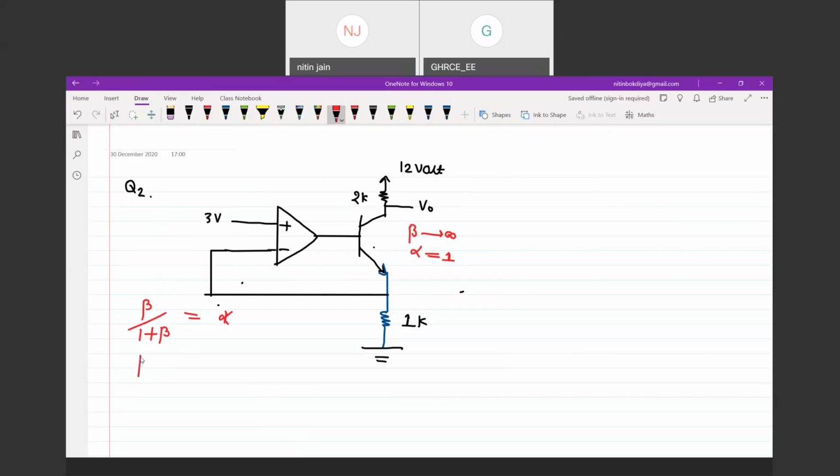So when beta is approaching infinity, the value of beta and beta plus 1 is the same, and alpha is equivalent to 1. So this is the idea. Now we are interested in the output of this op-amp. To find out these two values, I am giving you 5 minutes.